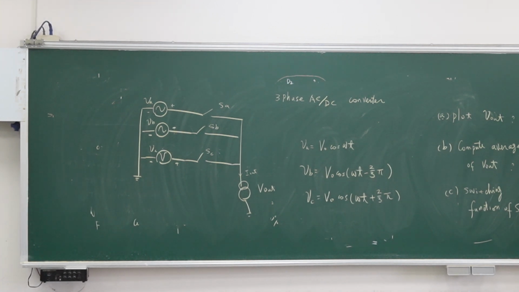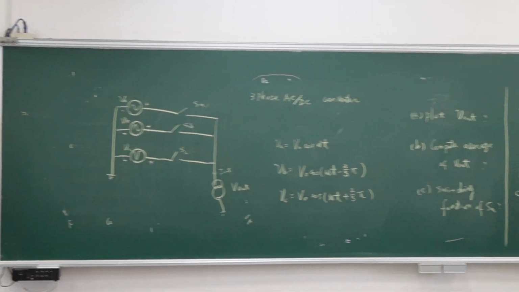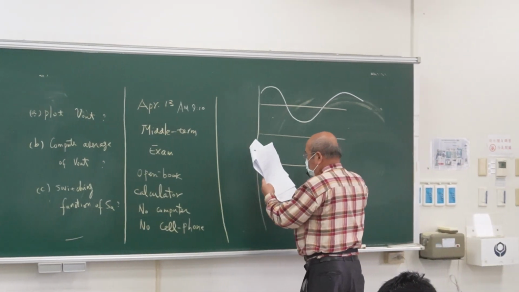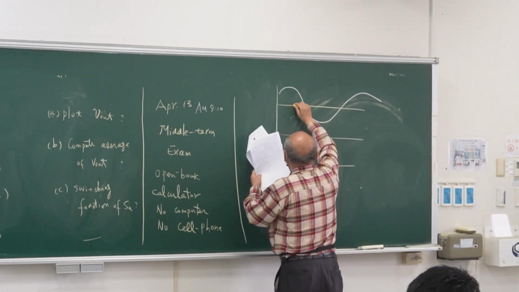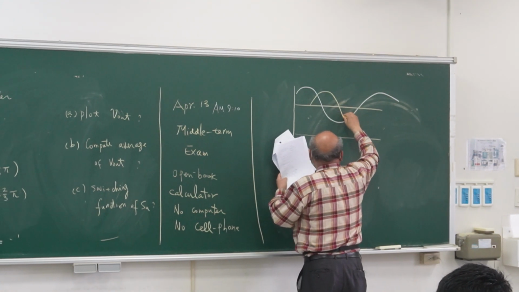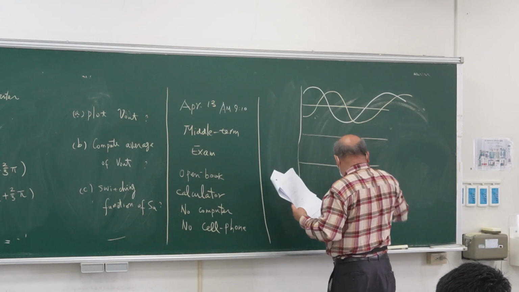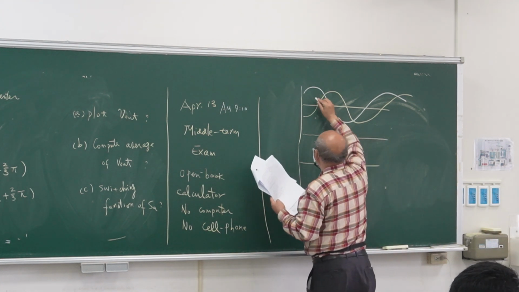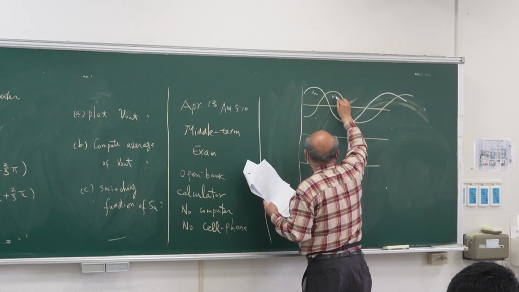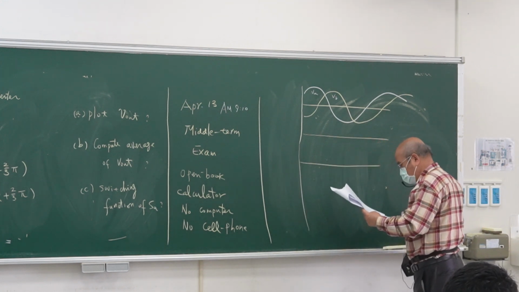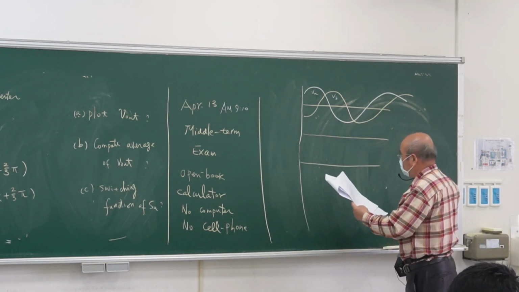So we have A phase, and we have B phase. B phase will be here. So this is A phase, this is B phase, and we have C phase.